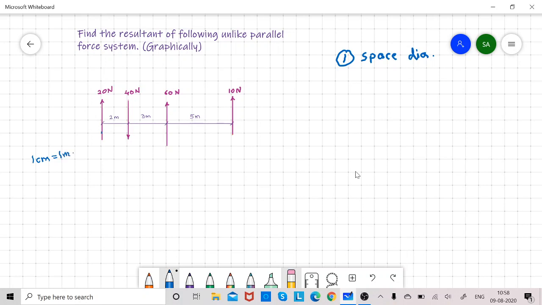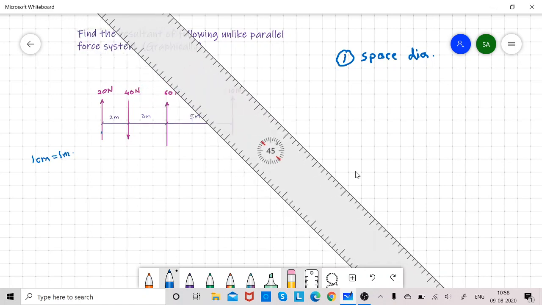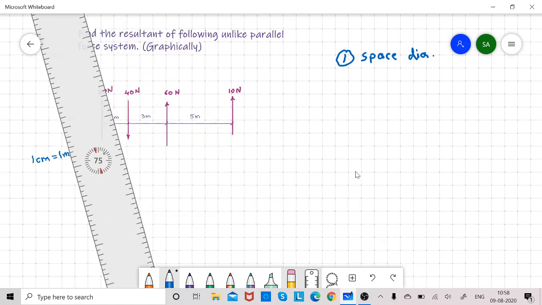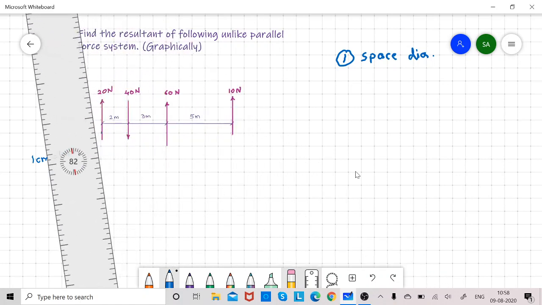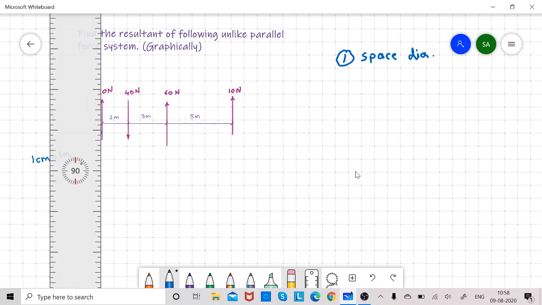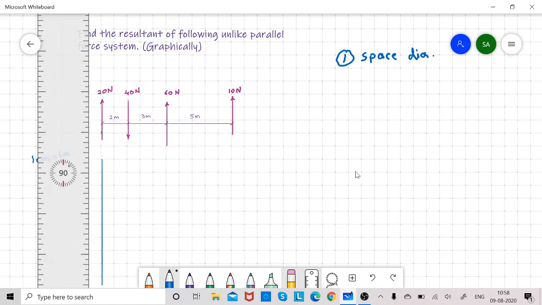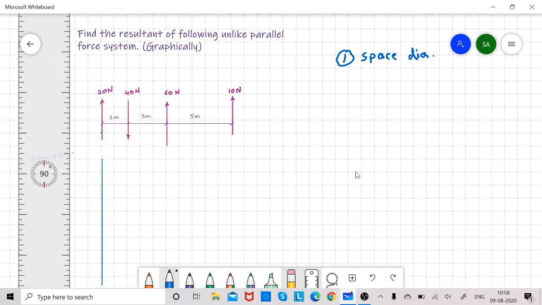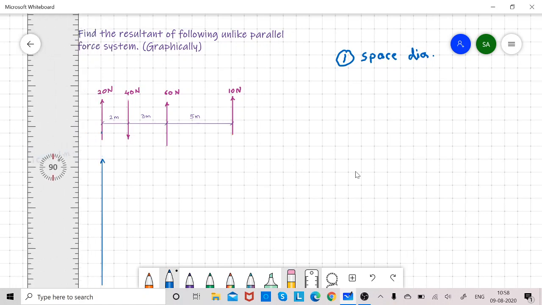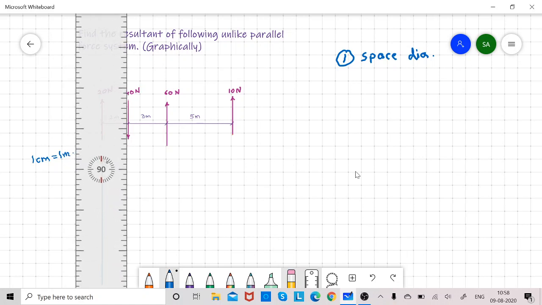and I will name these forces according to the Bow's notation. So to start with, I am drawing this 20 Newton force first. Here the length of the arrow is not to scale.